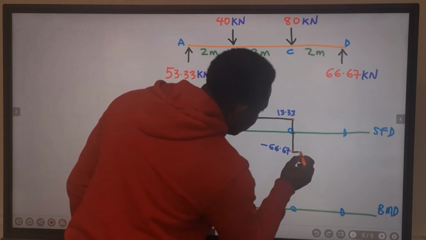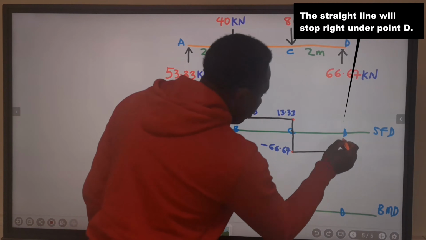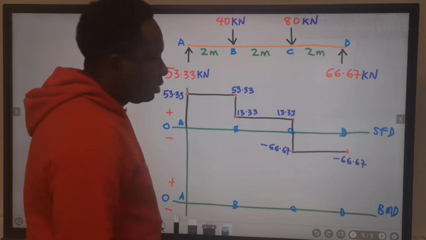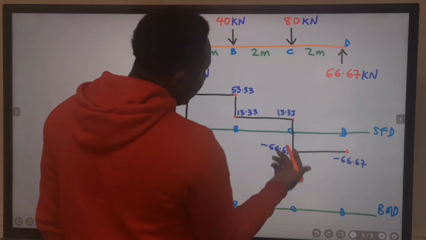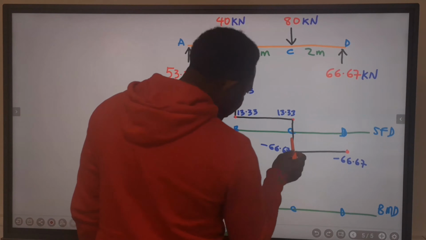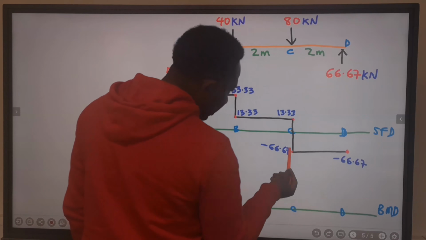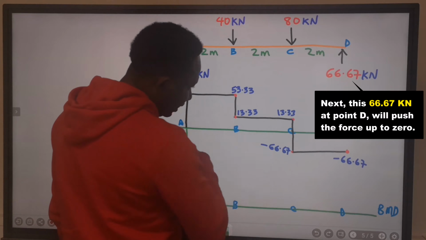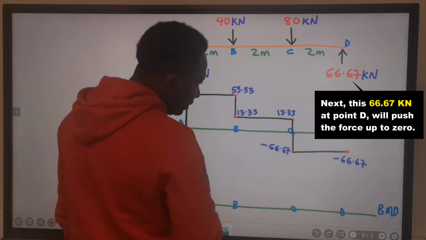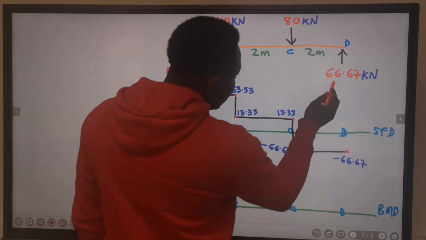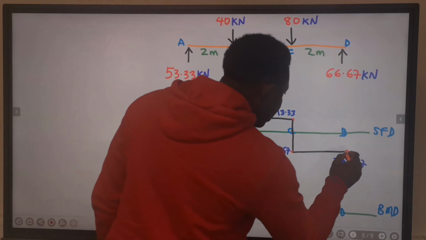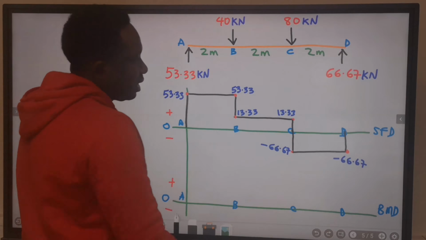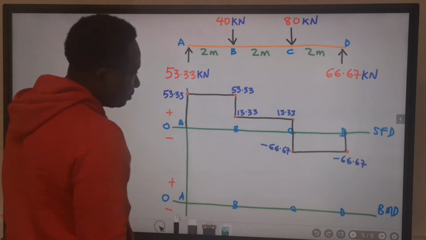Hence, we are going to draw a straight line to point D. Now we are here. At point D, this is 66.67. The minus is just indicating where it is on this diagram. 66.67, we push this back to 0. And this is our shear force diagram.